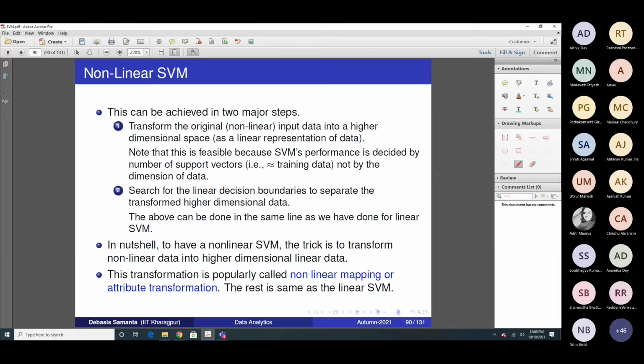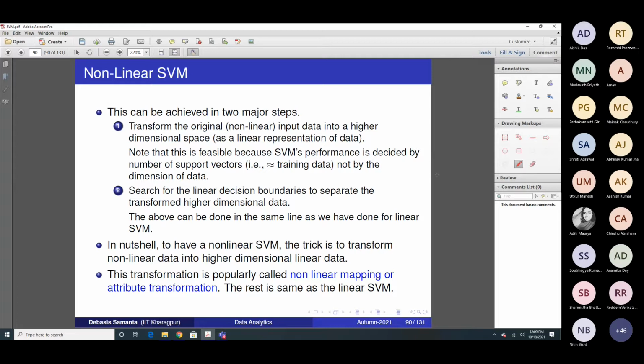I can give you some examples so that you can understand how this transformation is useful. This concept is simple to understand. It works also, but it will create a problem when the dimension of the data is too large. So what are the possibilities, and what are the pros and cons?